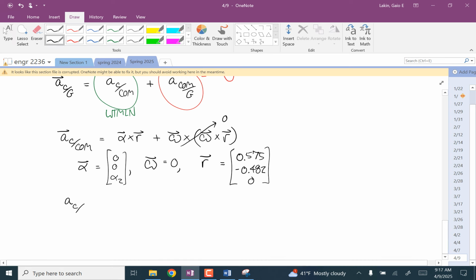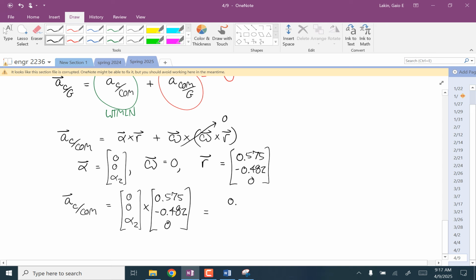So the acceleration of c relative to the center of mass is 0, 0, alpha 2 crossed with 0.575, negative 0.482, 0. And that is 0.482 alpha 2, 0.575 alpha 2, 0.